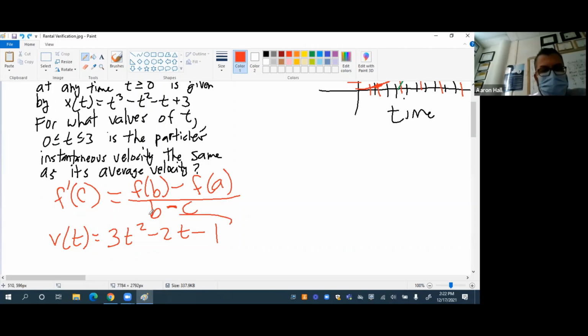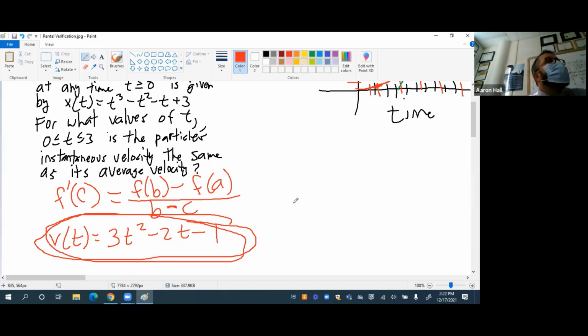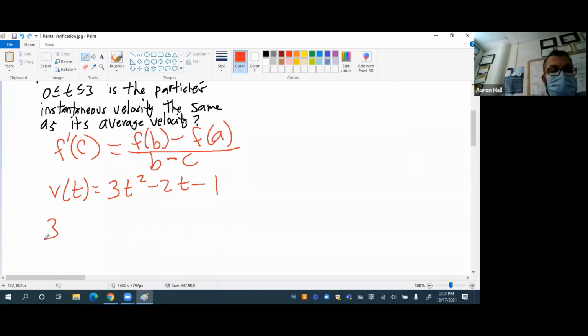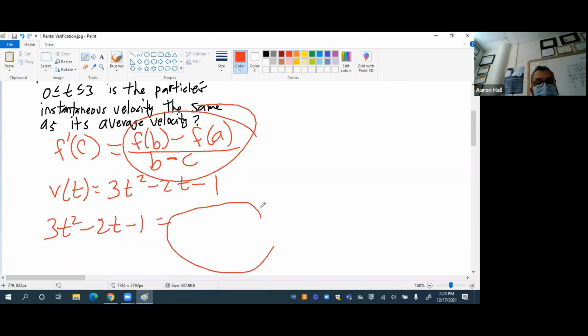This is what we're trying to calculate. What piece is this? Yeah, this is my derivative. So that's this piece here. So we'll just write that out. We have 3t squared minus 2t minus 1. We still need to find the average rate of change that goes here.